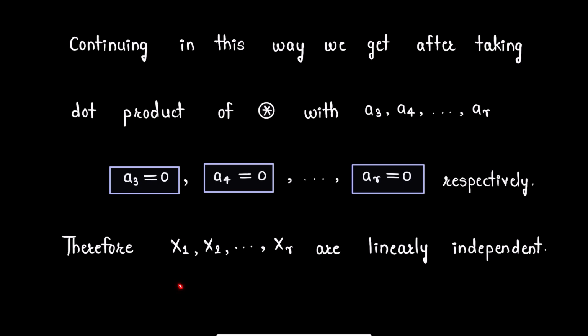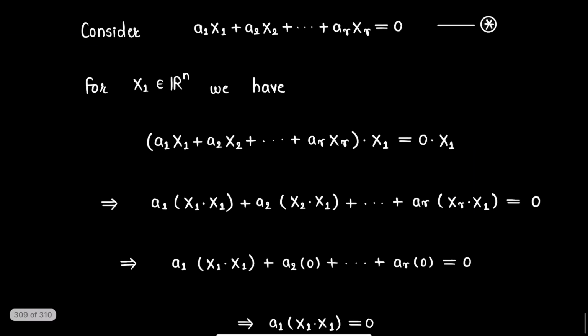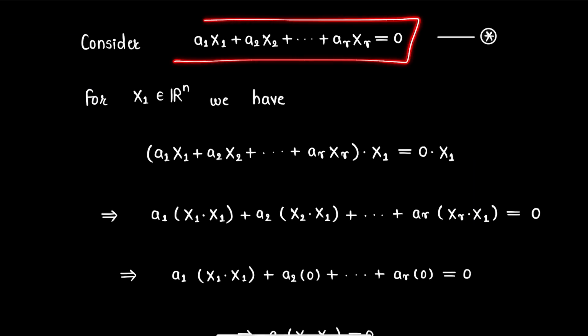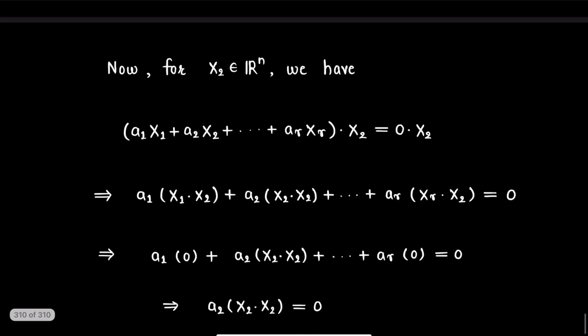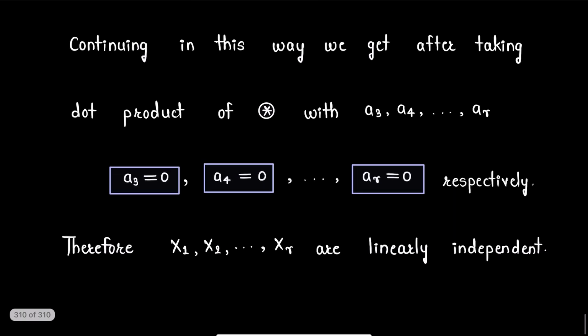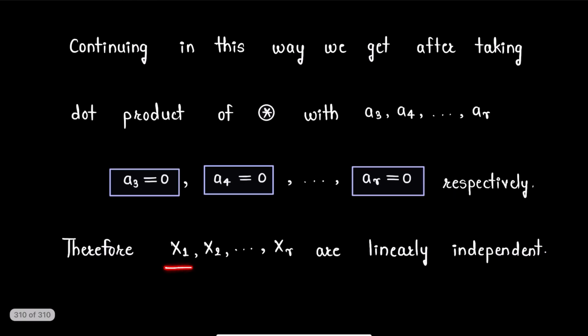Now as all the coefficients a1, a2 up to ar come out to be 0, and we have considered that this linear combination is equal to 0, this will be the trivial representation of 0 vector in Rn, and thus using the concept of linearly independent vectors, the vectors x1, x2 up to xr will be linearly independent vectors in vector space Rn, and this proves the given result.